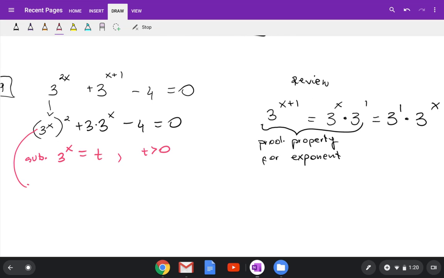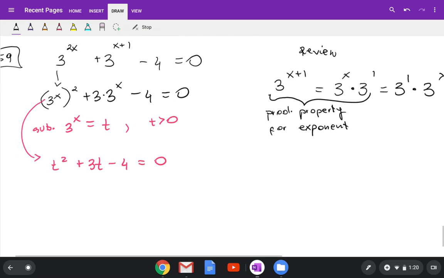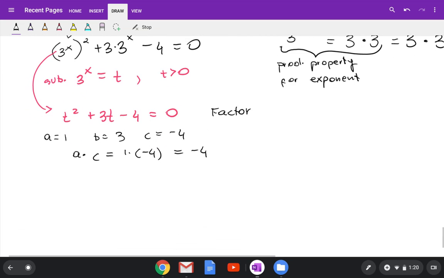So we'll be solving the quadratic equation t squared plus 3t minus 4 equals 0. Factor. So a is equal to 1, b is equal to 3, c is equal to negative 4. a times c is 1 times negative 4, which is negative 4.